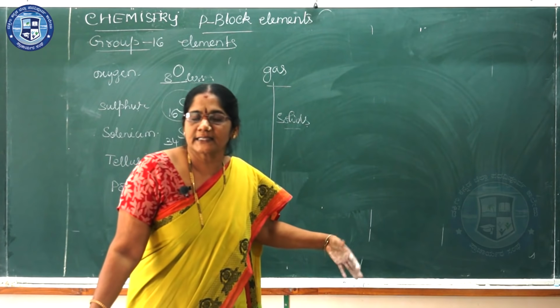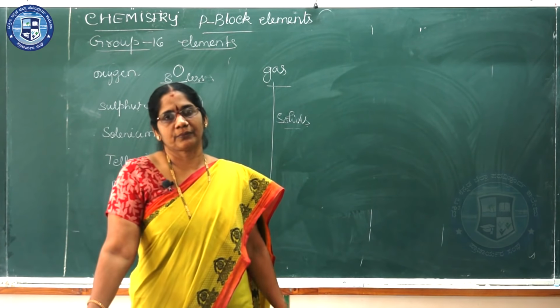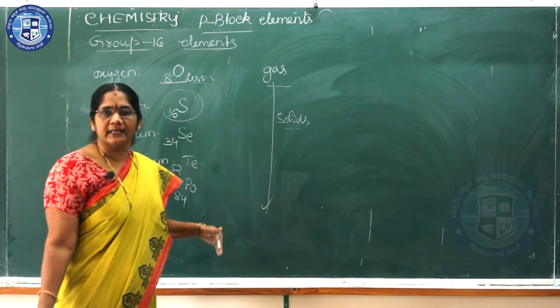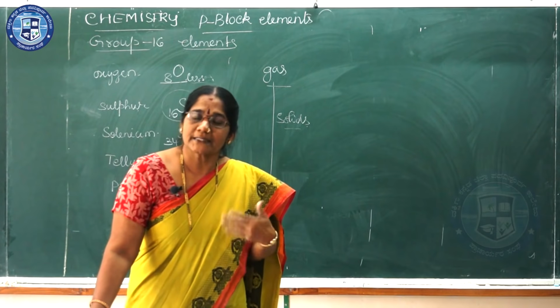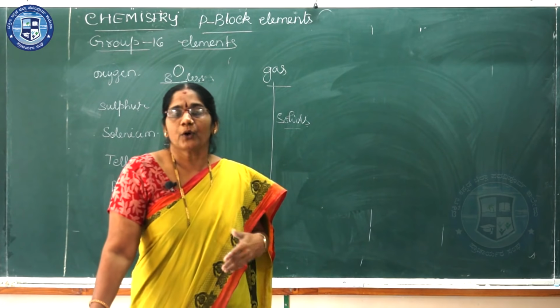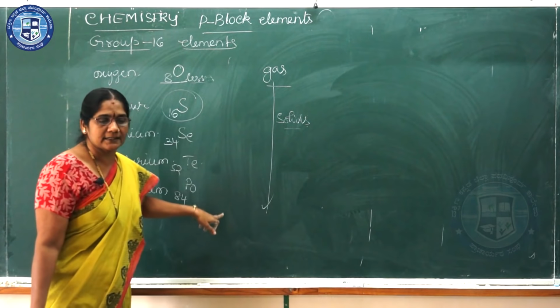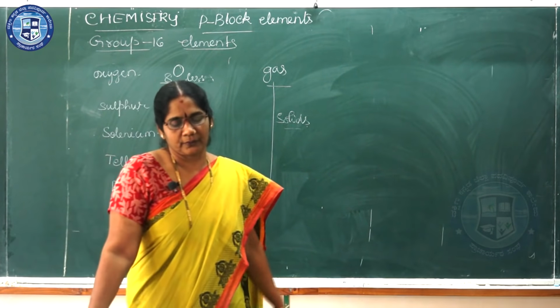All these elements exhibit allotropy. And as usual, with the increase in the number of electrons, atomic mass or molecular mass, the melting point and boiling point of these elements increases as you move down.